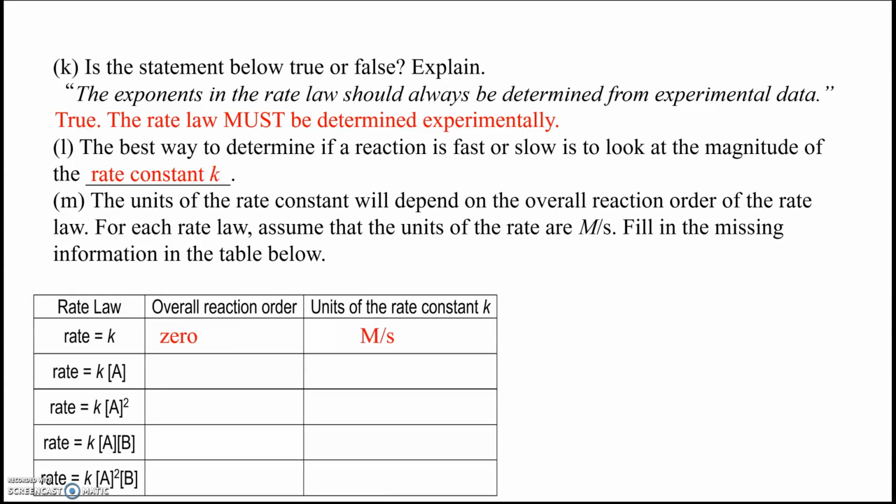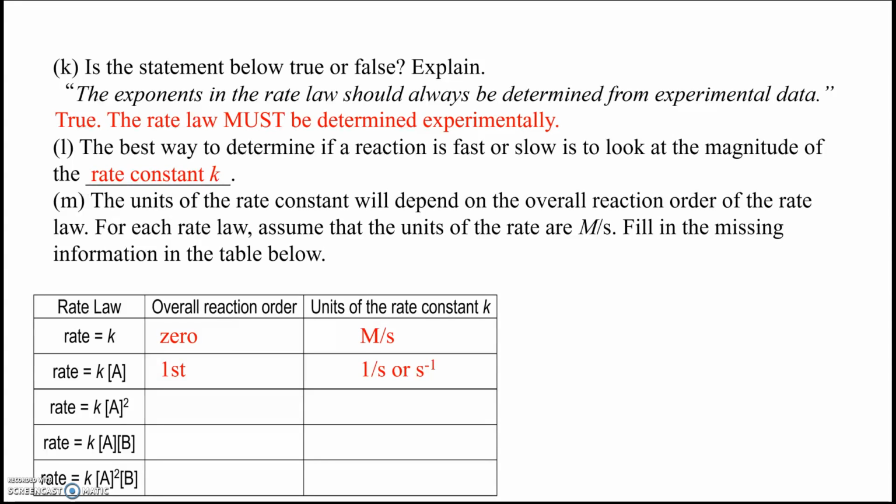The second one is when the rate is equal to K times the concentration of A. Well, that makes my reaction first order, and when I do that, my rate constant is going to be 1 over seconds, or seconds to the minus 1.